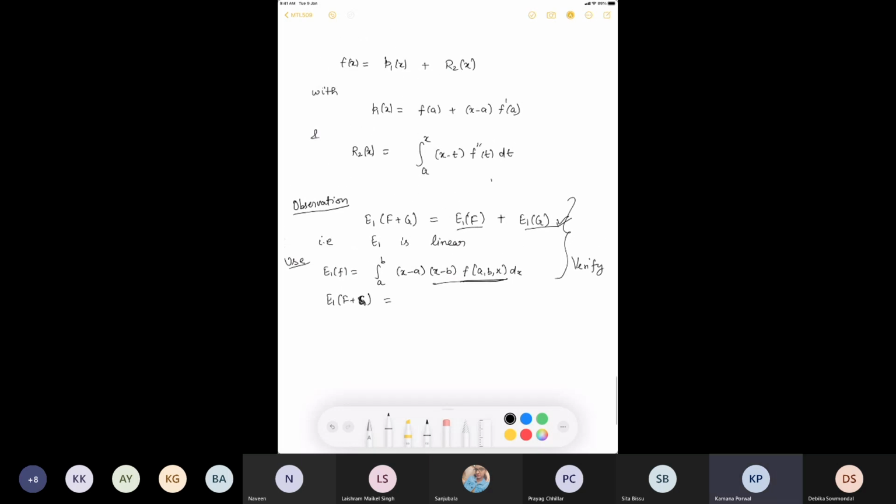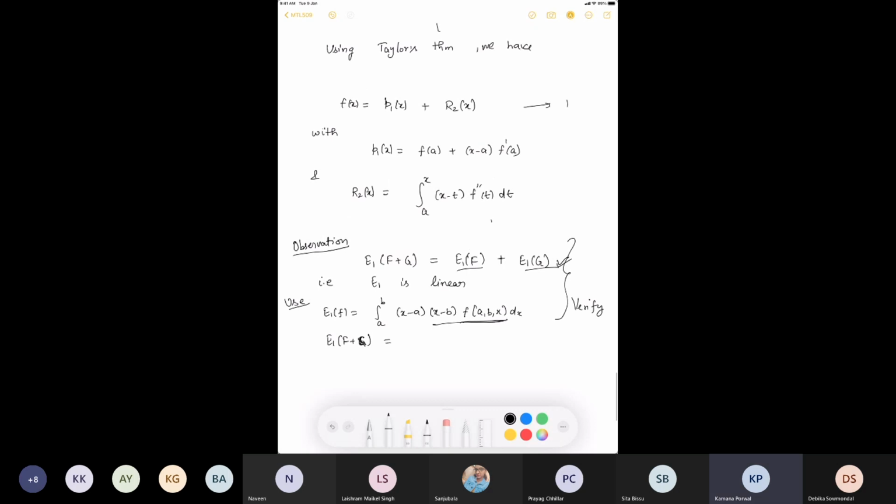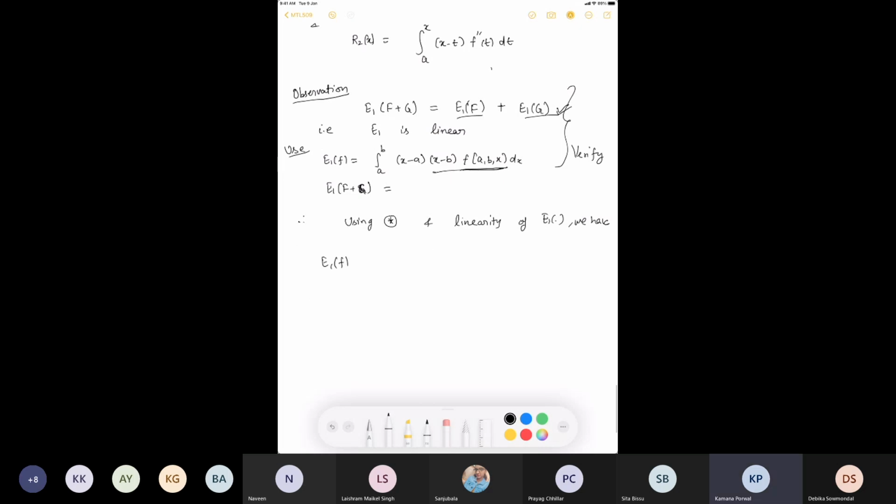So now we have got that my error function is a linear function. So I'm simply going to use this equation. If I call this a star, therefore, using star and linearity of the error function E1, we have that E1 of f, that is the error in the function f, is nothing but the error in P1 plus the error in the function R2.